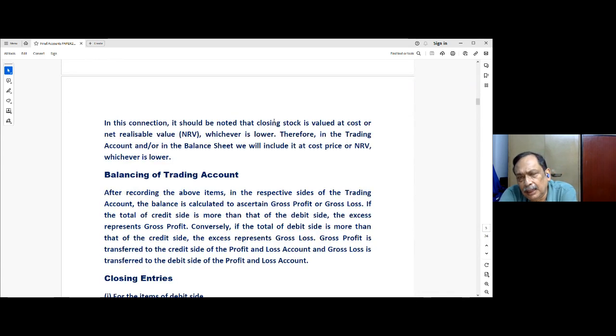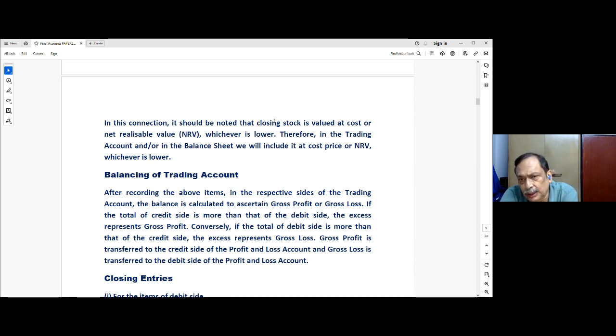Now remember, there is a norm that I have already discussed earlier. In this connection, it should be noted that closing stock is valued at cost or net realizable value, whichever is lower. Net realizable value means sales minus selling expenses, if any.